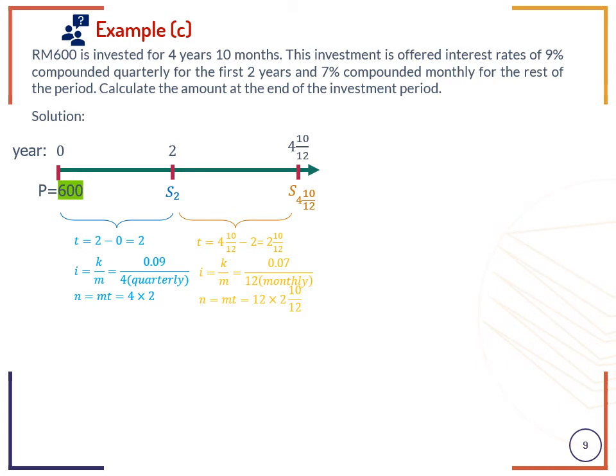In order to calculate the amount at the end of 4 years, 10 months, calculate first the amount at the end of year 2.